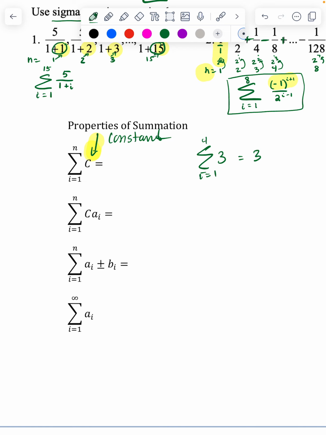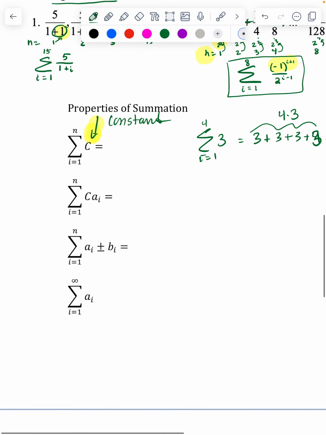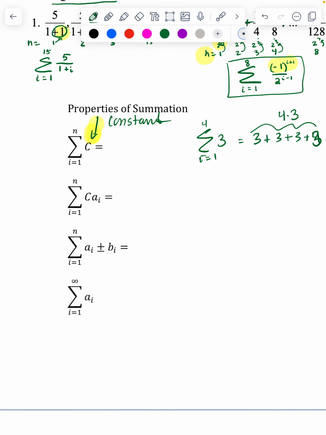Every term is 3. The first, the second, the third, and the fourth. They're all 3s. That adds up to 12 because I had 4 terms and every one of them was a 3. So I'm just going to end up taking that constant times the number of terms.